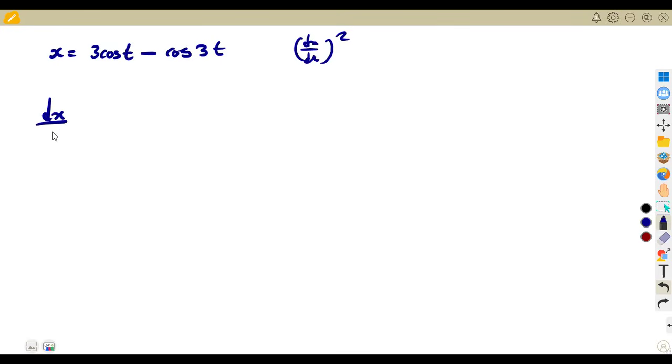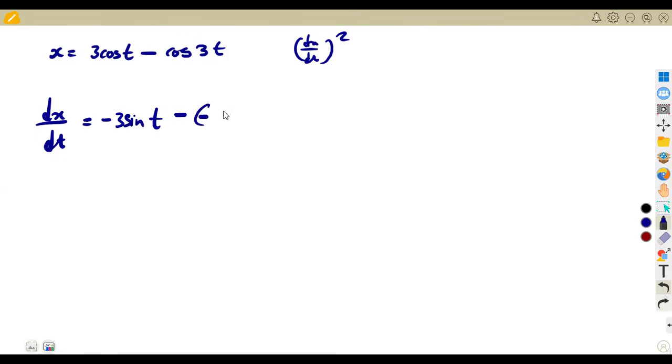Derivative of x with respect to t is going to give us what? Okay, this is cos. Remember, the derivative of a cos gives us a negative sign. So it's going to be negative 3 sine of t minus, here we've got 3t. So this 3 is going to affect here, but taking a negative, the derivative of a cos, remember it's a negative.